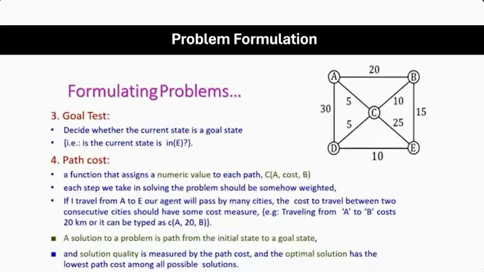Okay? Then your goal test. You decide whether the current state is a goal state upon which the successor function is implemented. The path cost, okay, a function that assigns a numeric value to each path.